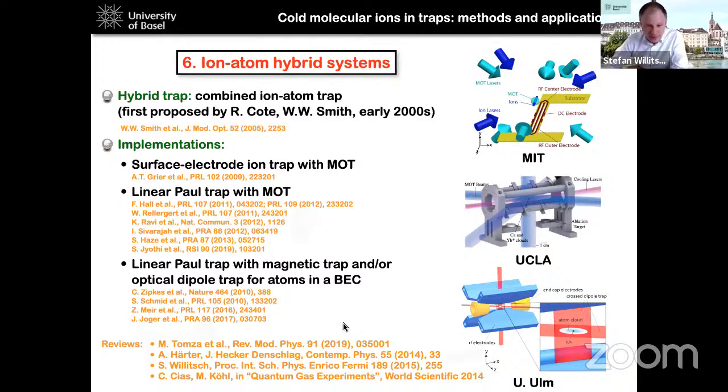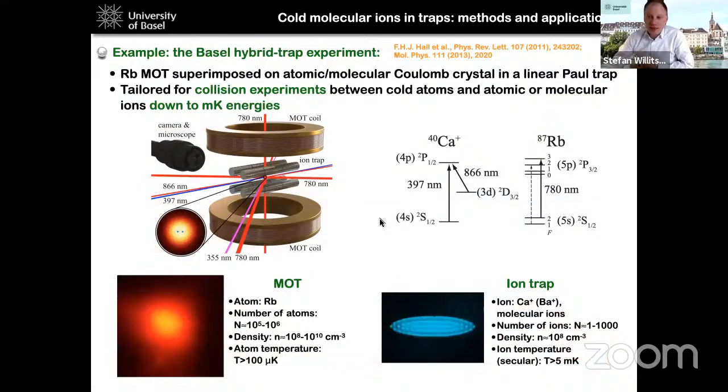So to give you some ideas about what these experiments look like, let me say a few words about the experiment that we have in Basel. Our hybrid trap experiment consists of a linear radio frequency ion trap, completely the same actually as the ones that I have introduced in my first lecture.